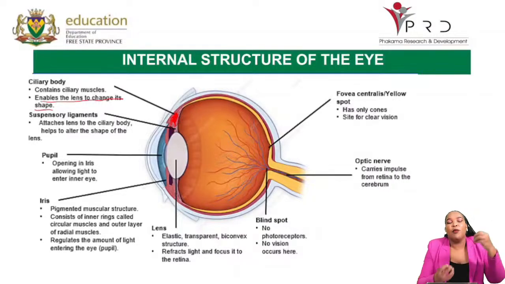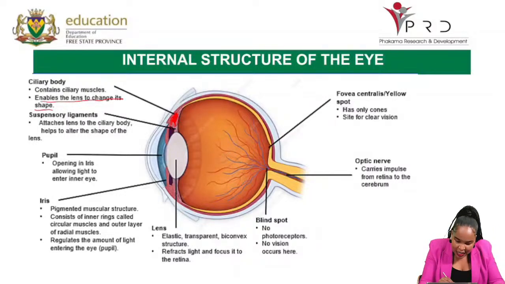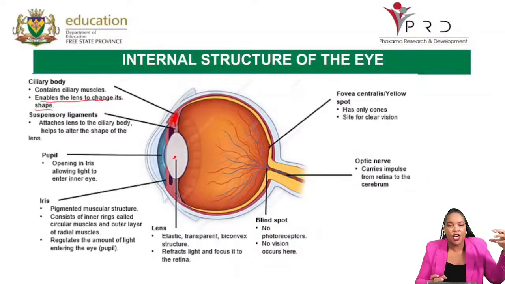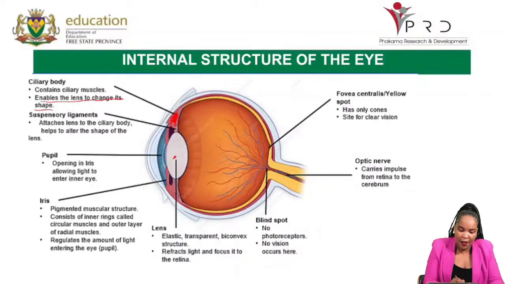So the ciliary body is going to move together with the suspensory ligaments, enabling the lens, the oval part, to change its shape. We will talk about that later. Then the suspensory ligaments also attach to the ciliary body. Remember, everything we are talking about is here.